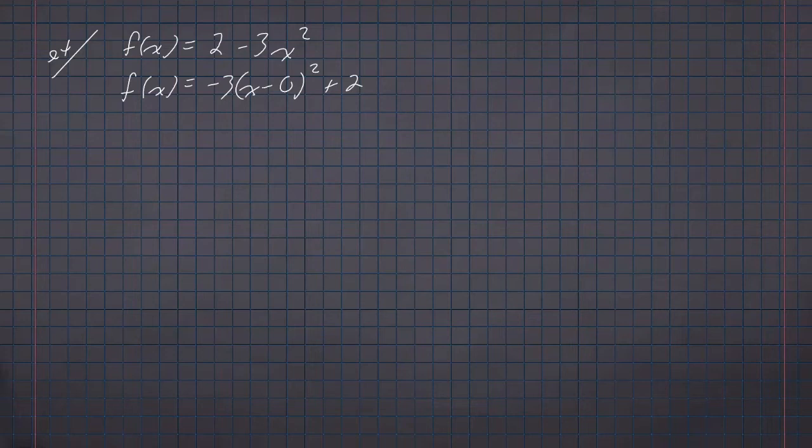So my h in this case is 0, k is 2, and without doing any work whatsoever, I can state that the vertex is going to be at (0, 2), and that the axis of symmetry will be the y-axis, the line x equals 0.